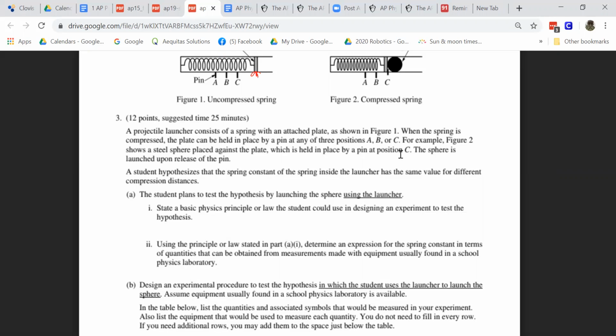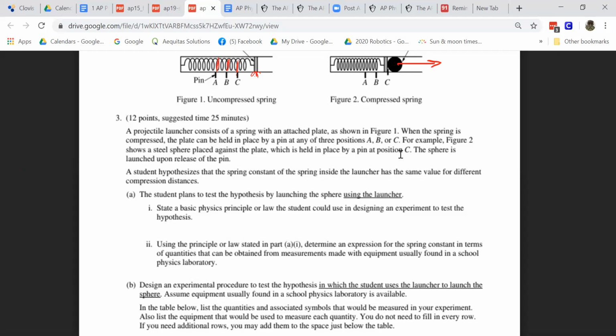So we're going to move it here, and then here, and then here, and we're going to fire this projectile. It's going to go off out that way. And the idea is that the spring constant is a constant.